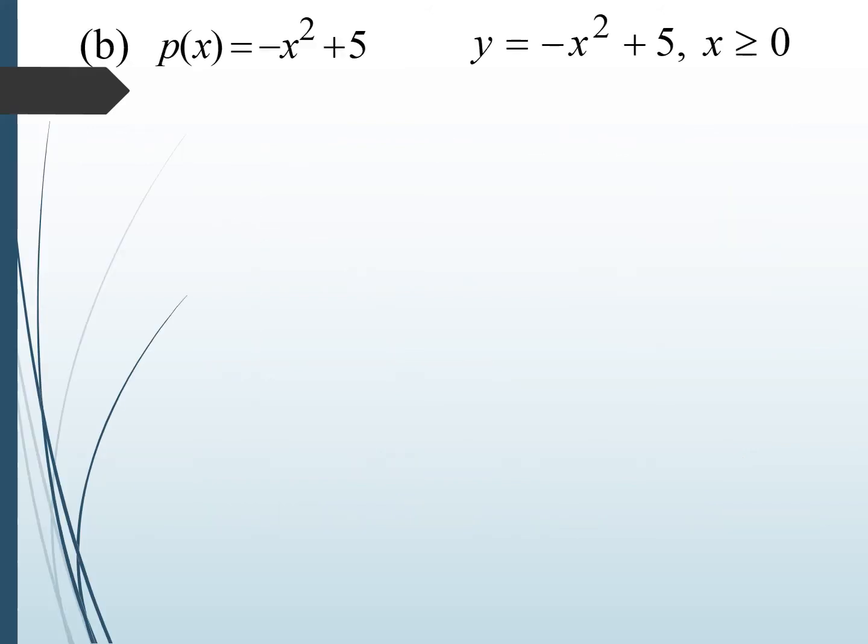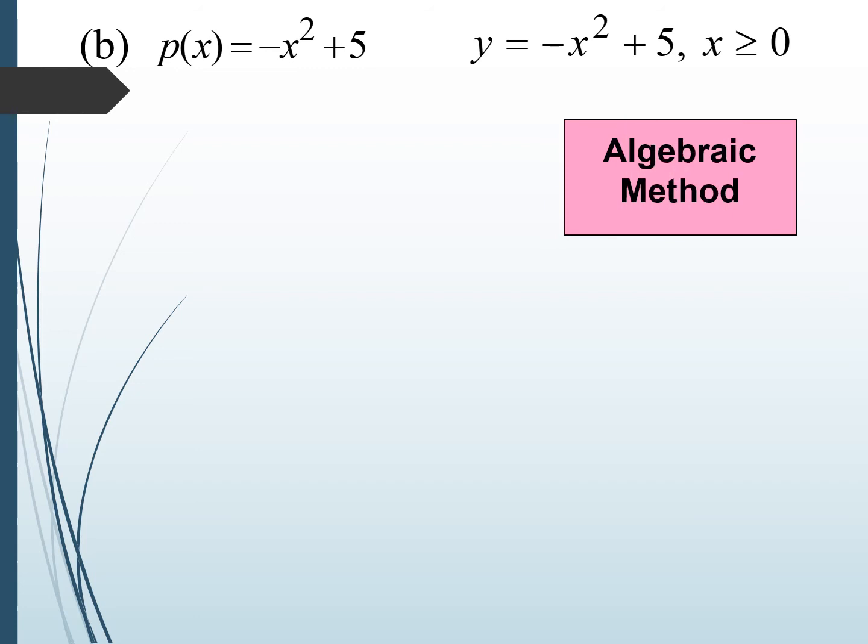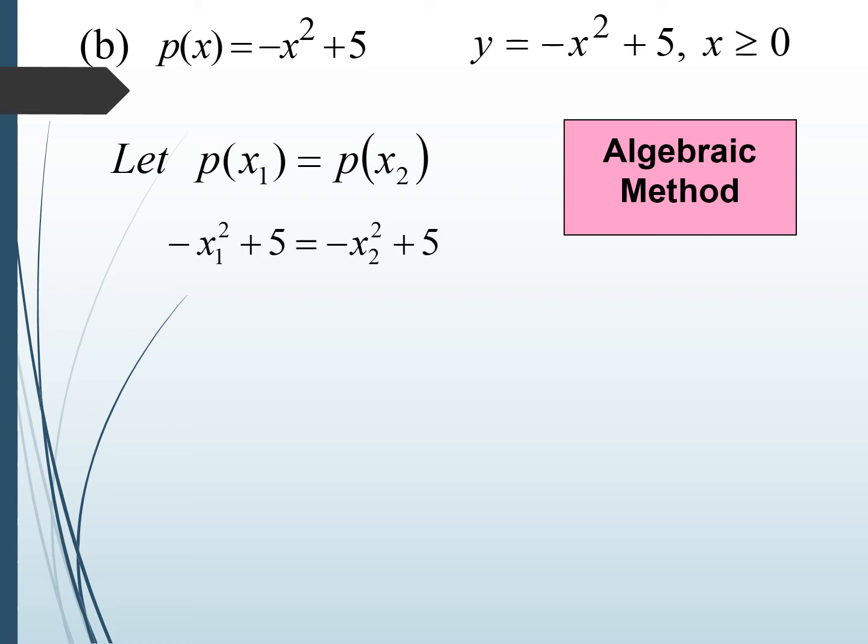For the second method, the algebraic method, we want to show p(x) equals negative x squared plus 5 for x more than or equal to 0 is a one-to-one function. Let p(x1) equal p(x2). We substitute x1 and x2 into p(x), and we get negative x1 squared plus 5 equals negative x2 squared plus 5.